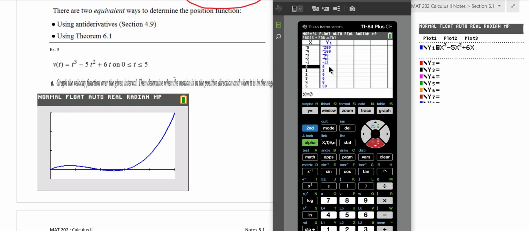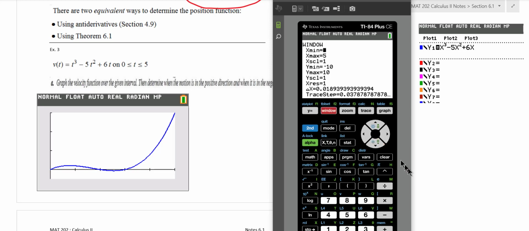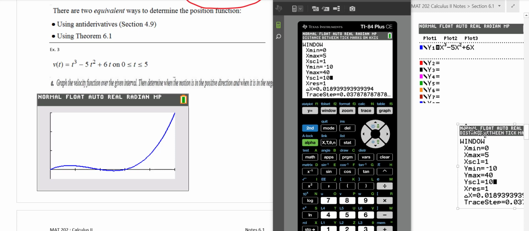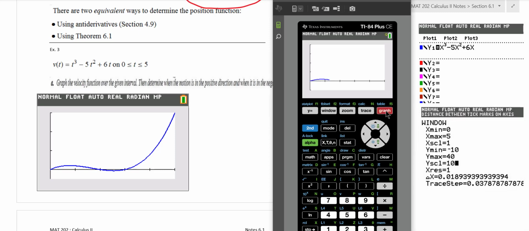Between 0 and 5, the y values vary from 0 to 30, and you may even have a few negative values in there. It's hard to tell, so just to be safe I'm going to go negative 10 to 30, or maybe even 40, by a scale of 10, to make sure we can see everything. I'll use that viewing window and graph that out.